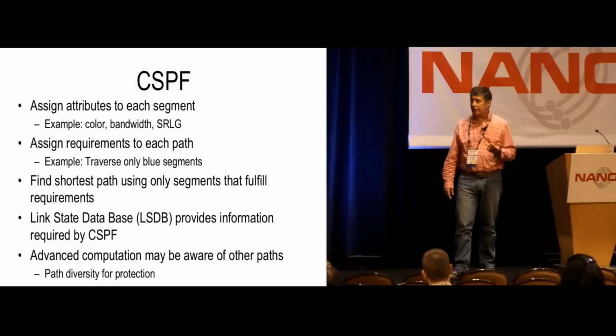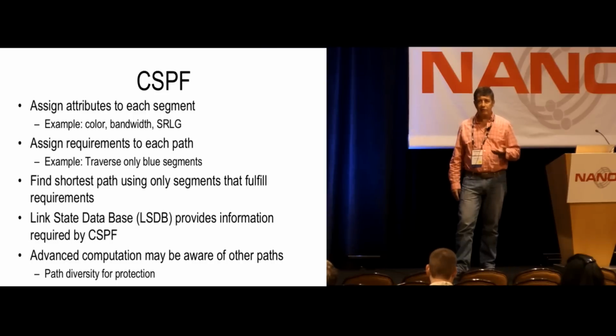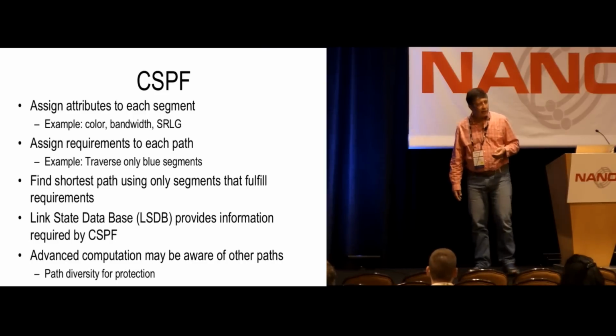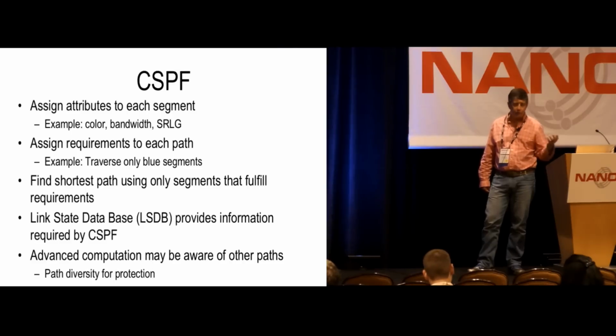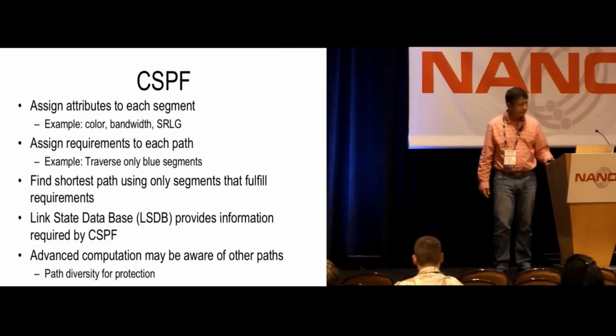The LSDB tells you about network topology and what SIDs originate or terminate where. The TED tells you about link attributes. So anyhow, CSPF is almost exactly the same as it is in RSVP-TE, and it relies on the LSDB and the TED the way it did in RSVP-TE.